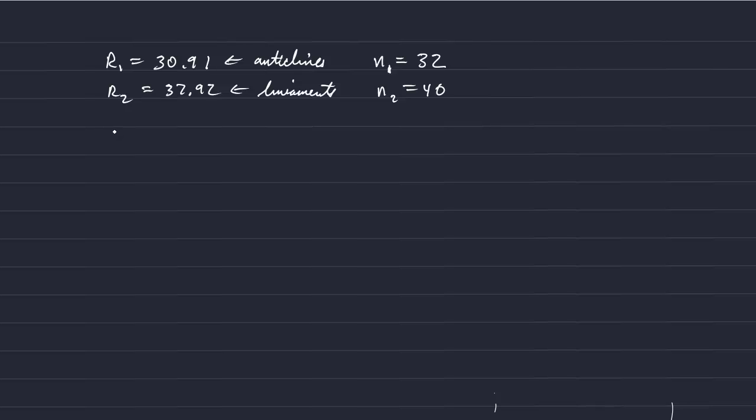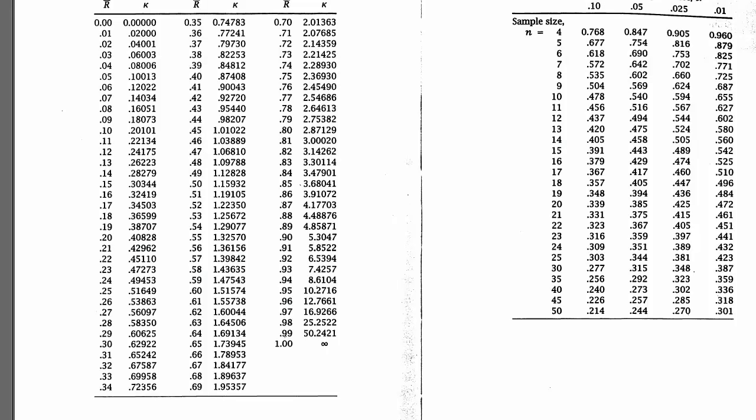I found that RP bar was equal to 0.934. If we look at table A9, the normalized value is between 0.93 and 0.94, so the kappa value is between 7.43 and 8.6.